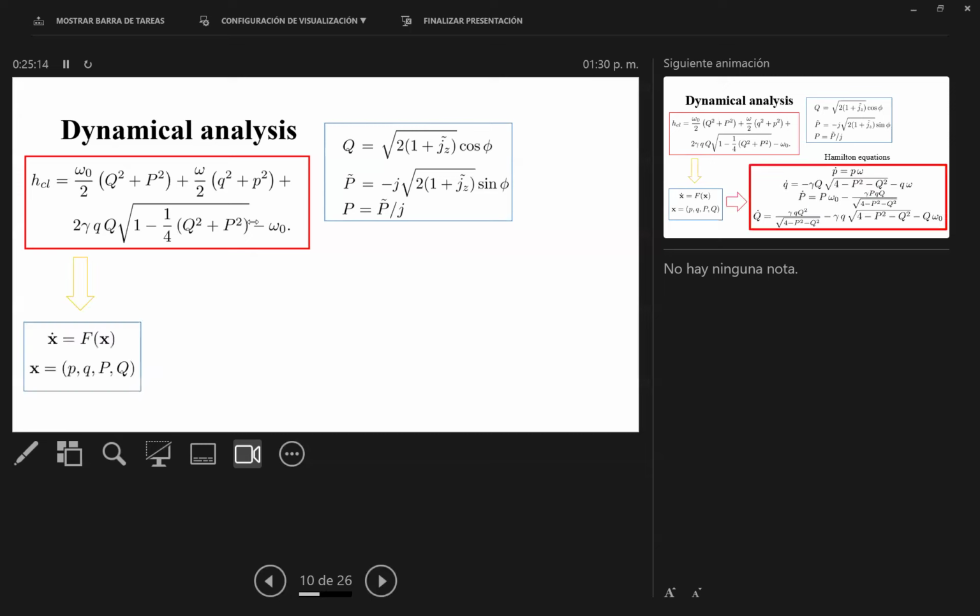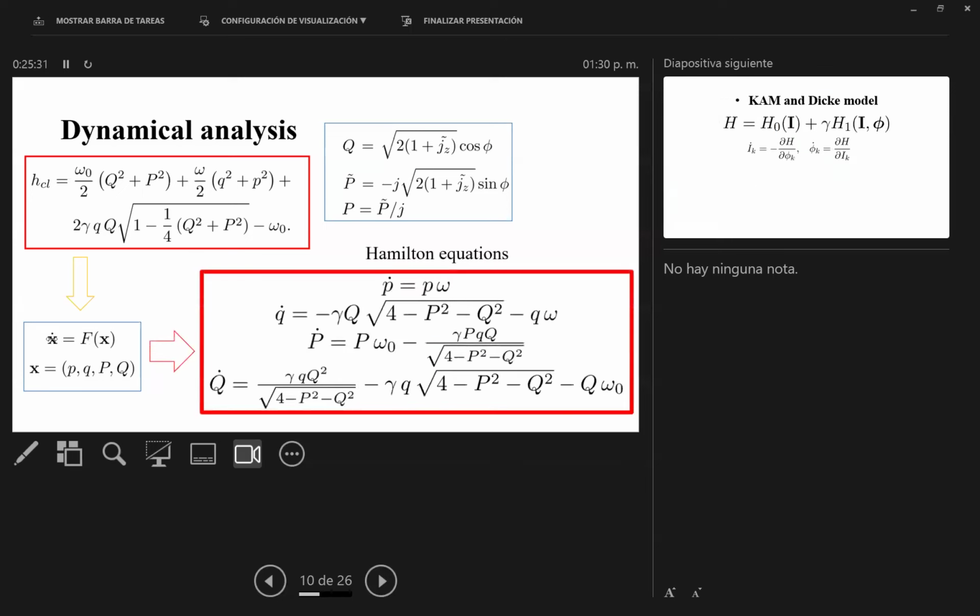In this sense, we will pass this system into a dynamical system, where x represents the phase space variables, with differential equations given by the Hamilton equations.